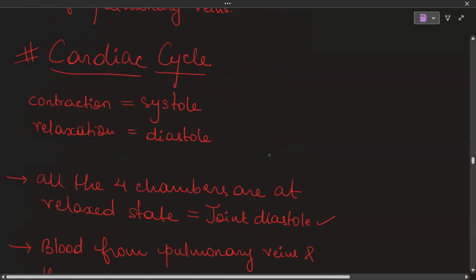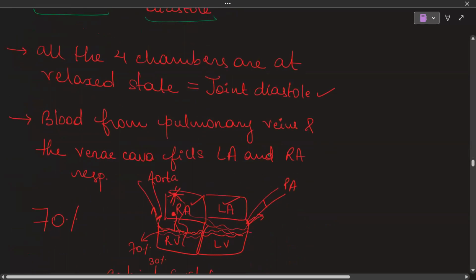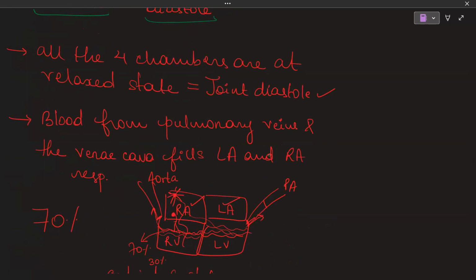Now coming on to the cardiac cycle. Systole means contraction and diastole means relaxation. Now, in the beginning, all the four chambers are in a relaxed state and this is known as joint diastole, meaning none of the chambers are contracting.